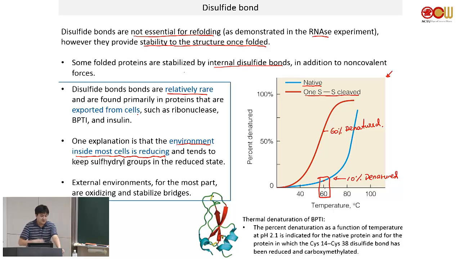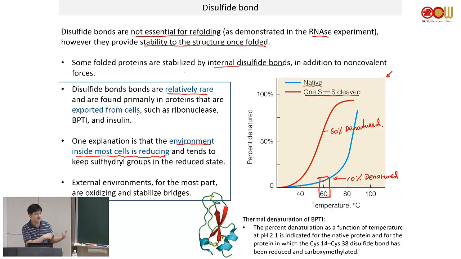For example, if you are interested in doing protein expression of an enzyme or a protein that has disulfide bonds, and you want to use E. coli to produce that, usually we will have the protein folded in the periplasm. So not inside the cell, actually outside the cell. You'll have the protein folded outside the cell. Why is that? Because outside the cell is more oxidizing.